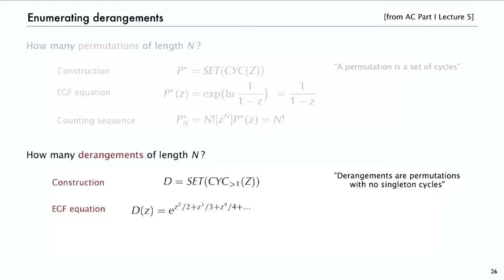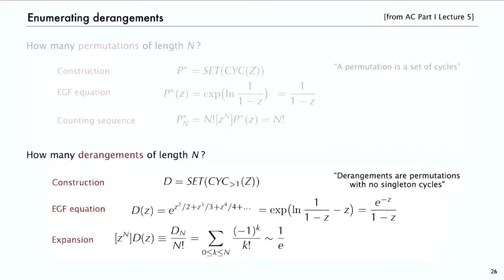It's the natural log of 1 over 1 minus z, but leaving off the first term, the z for size 1. Or, another way to look at it, it's e to the log of 1 over 1 minus z, subtracting off the singleton cycles. The generating function for derangements is e to the minus z over 1 minus z.